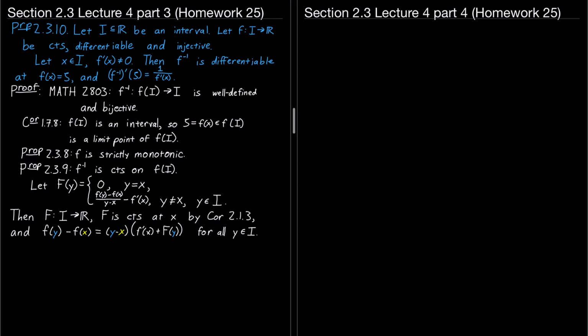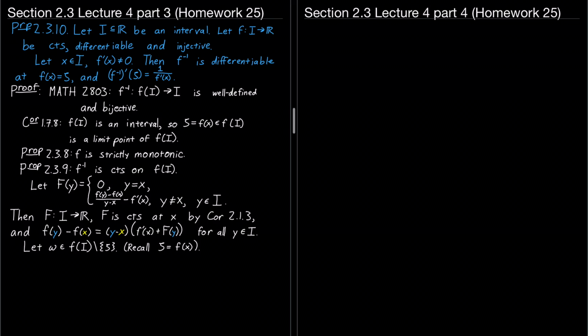So we've seen this before, and this is going to be very important in chapter 6, which is why I'm emphasizing it so much now. Now what we're going to do is rewrite that equation in terms of f inverses. So let omega be a point in f of I minus zeta, and we recall from the proposition statement that zeta is f of x.